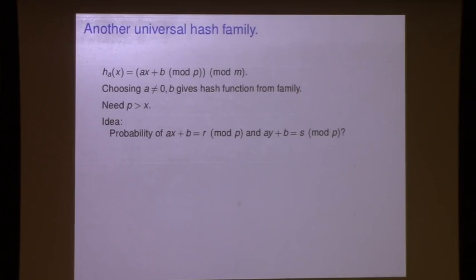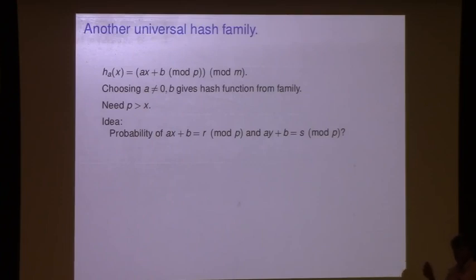Is that 2 linear equations, right? And what are the variables here? You can interpret the variables as being a and b. x and y are fixed, and r and s are fixed. Okay, so if I fix x and r and y and s, the variables here are a and b.